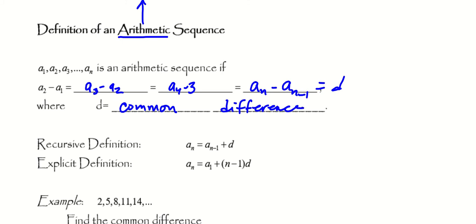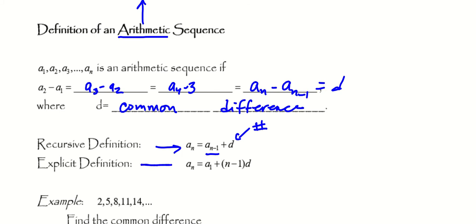We can define an arithmetic sequence two ways. One is the intuitive way that any term a sub n is the term before it, a sub n minus 1, plus our common difference. In that case, we would plug a number in for that common difference, but a sub n and a sub n minus 1 would stay general, unknown.